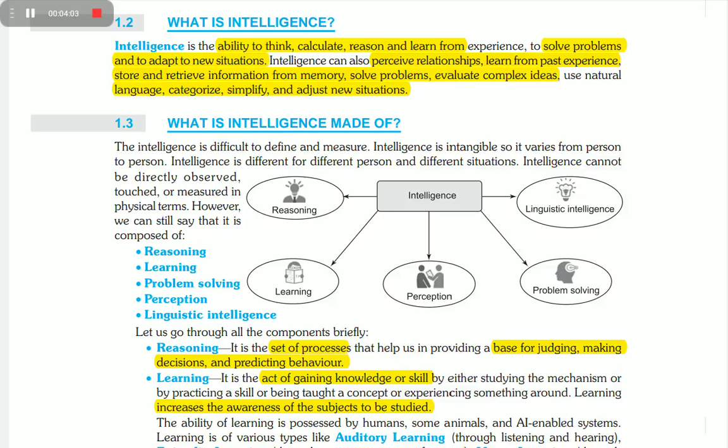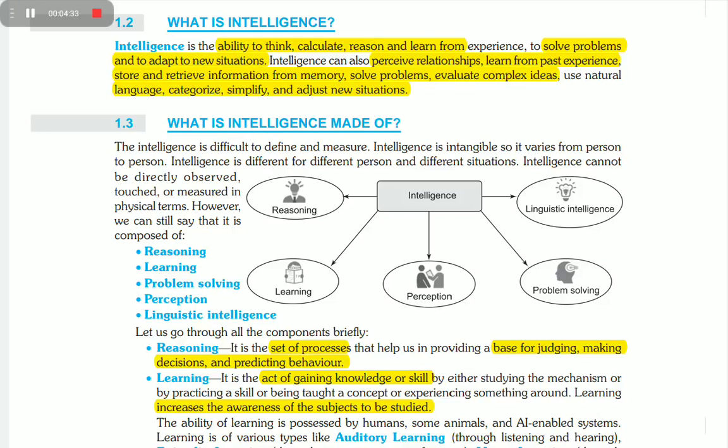Like this, use natural language, meaning we should not use any bad language. Store and retrieve information from memory, like in our exams we store information by reading and learning the books, as you are doing right now by understanding, and then replay the information from memory during the exam.